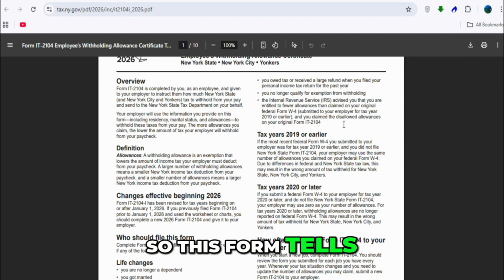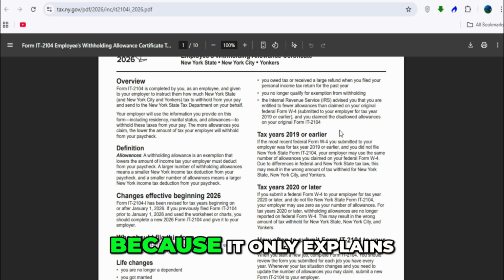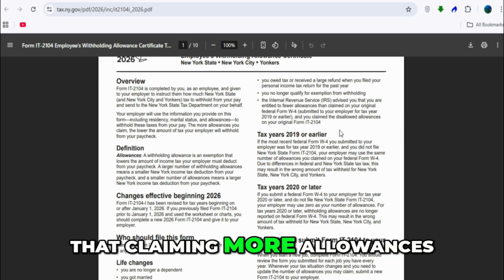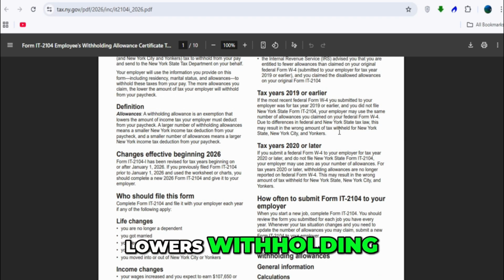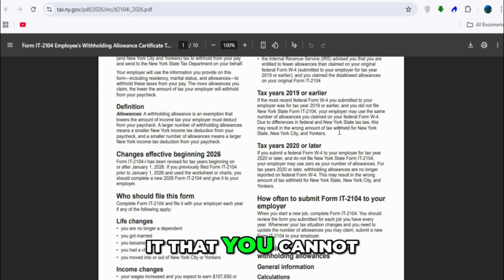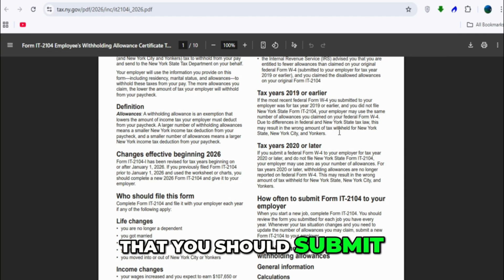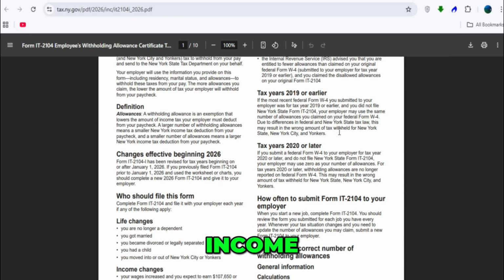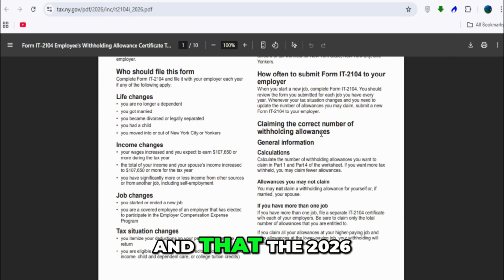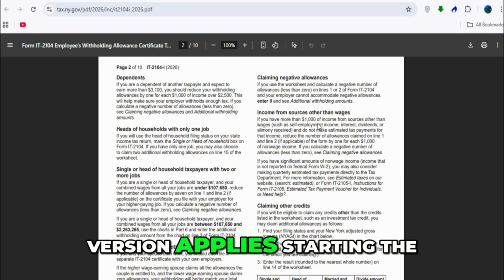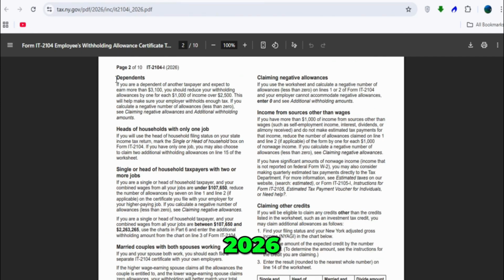So this form tells your employer how much tax to take out of your paycheck, and there is nothing you need to write on this page because it only explains that claiming more allowances lowers withholding, claiming fewer increases, that you cannot claim allowances for yourself or your spouse, that you should submit a new form when your life, income, or job changes, and that the 2026 version applies starting the 1st of January 2026. So page 1 is informational only and requires no entries.